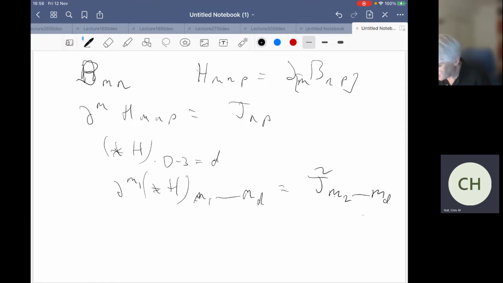So this will have d minus 4 indices. And J^{0i}, if we have a time index and a space index, will give an electric current which is carried by a string-like object which will be extended along the ith direction.